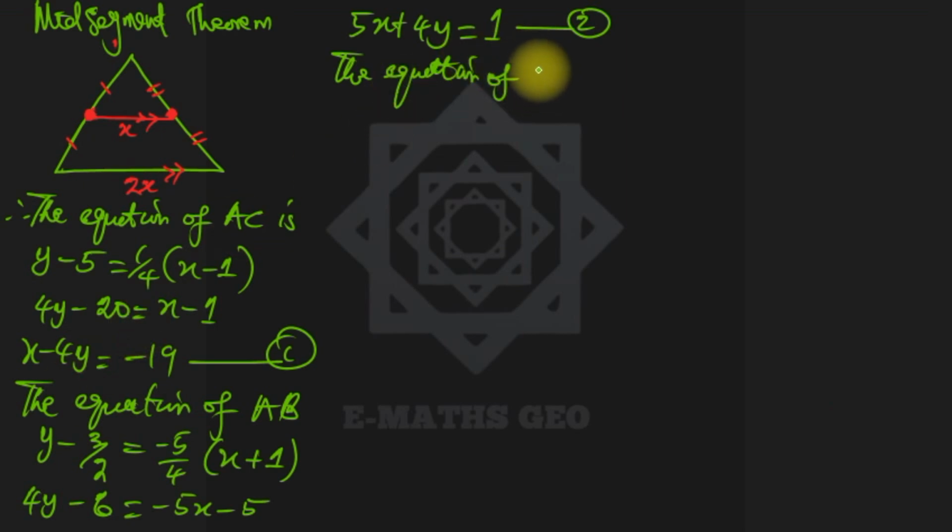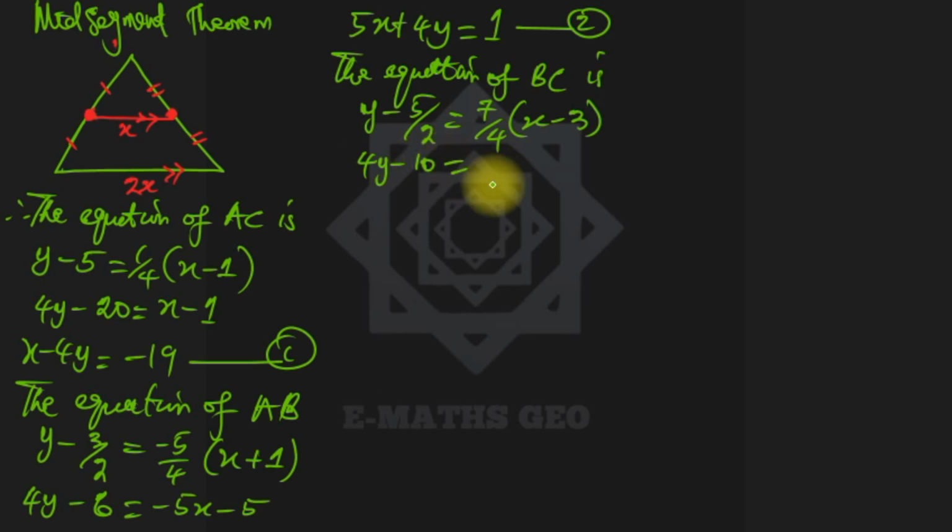The equation of BC is y minus 5 over 2 is equal to 7 over 4 times x minus 3. Multiplying both sides by 4, I have 4y minus 10 is equal to 7x minus 21. So we have that 7x minus 4y is equal to 11, equation 3.